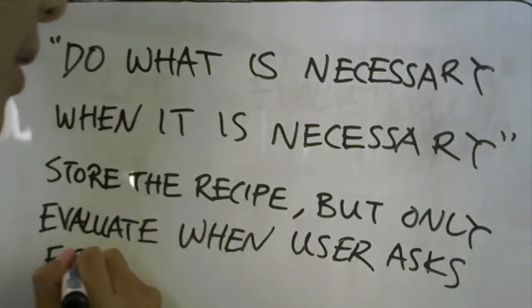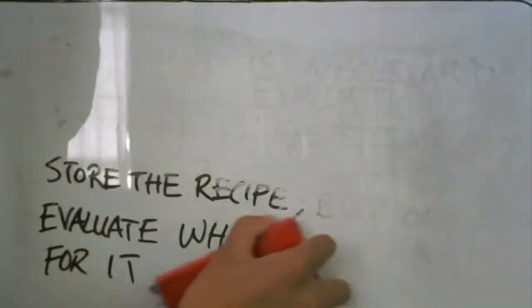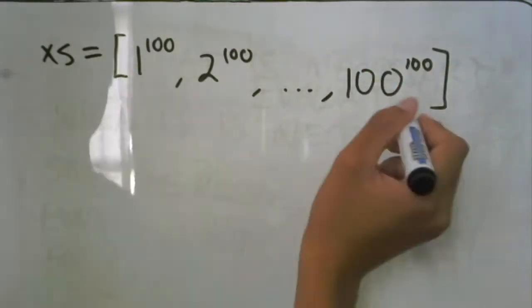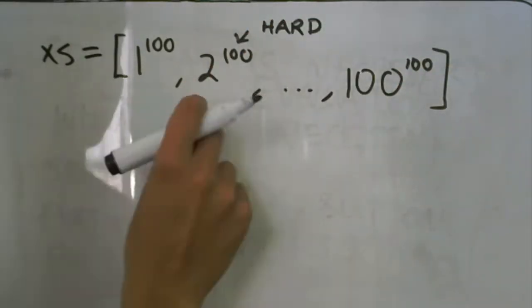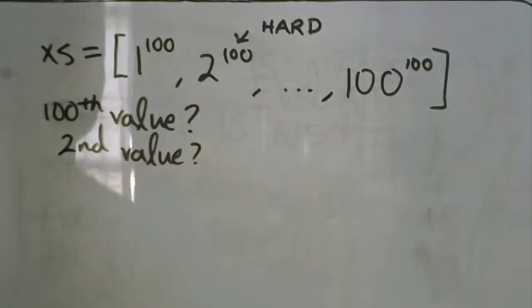This is as opposed to what's called eager evaluation, which is calculating everything and evaluating it as soon as we can. For example, if we had a list of values of complicated expressions, such as the first 100th powers, written in a list like so in Haskell.